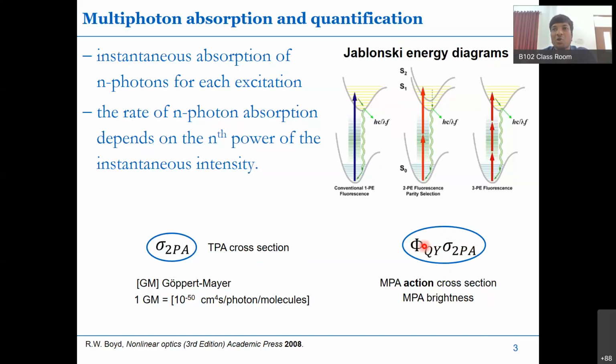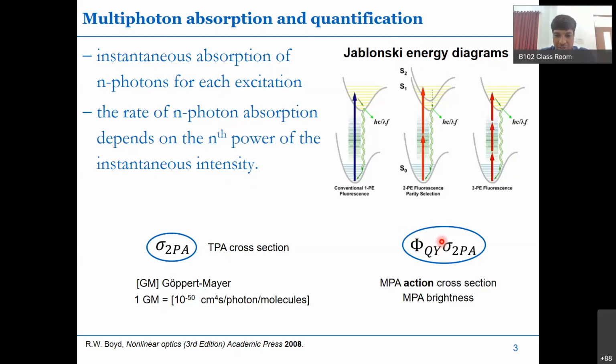This gives you how strongly two-photon excited fluorescence can be observed from the material. If you have very good MPA brightness, it is expected to show better applications, especially in imaging, like bioimaging, or optical-based applications.